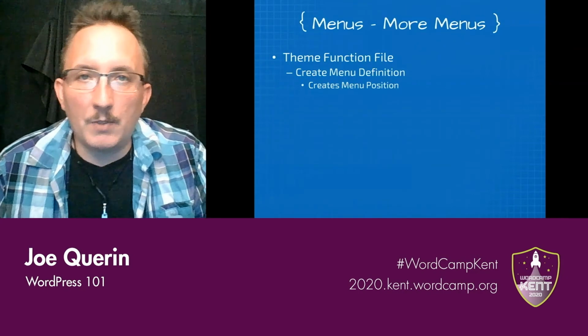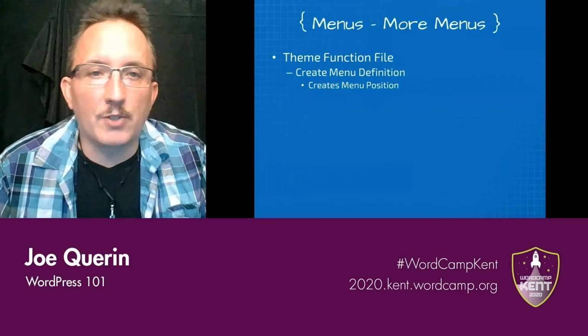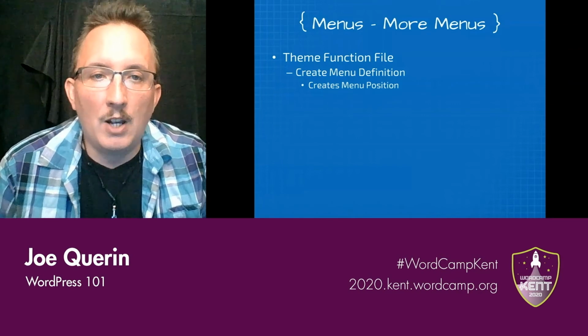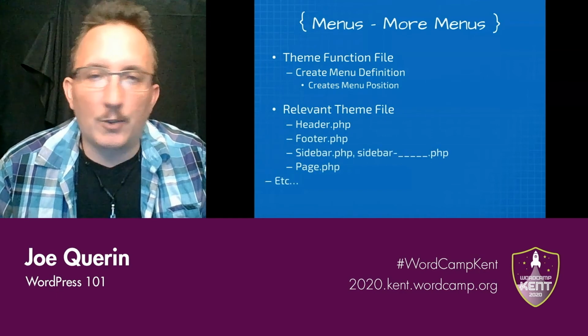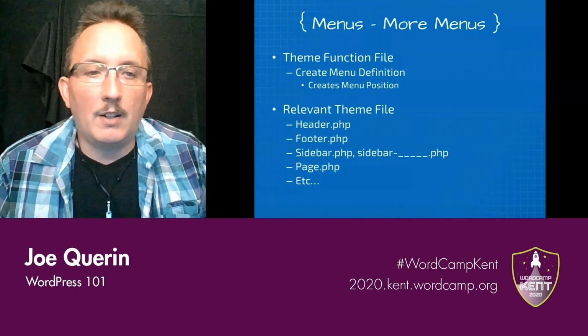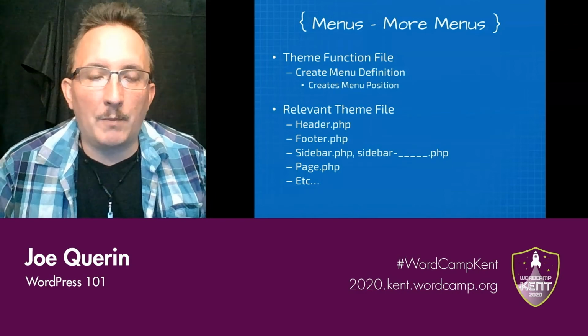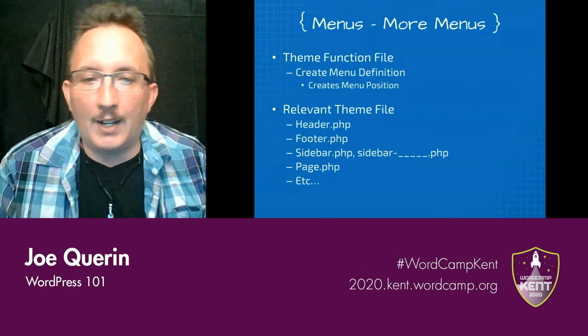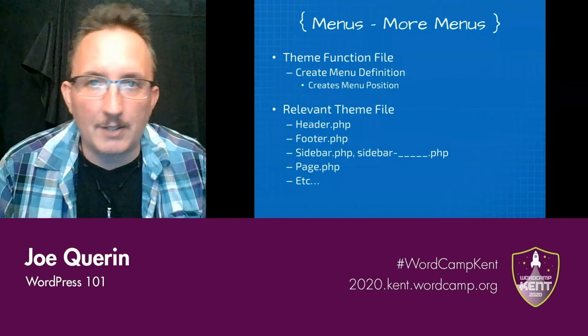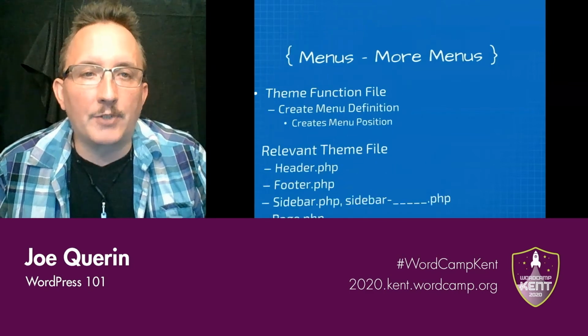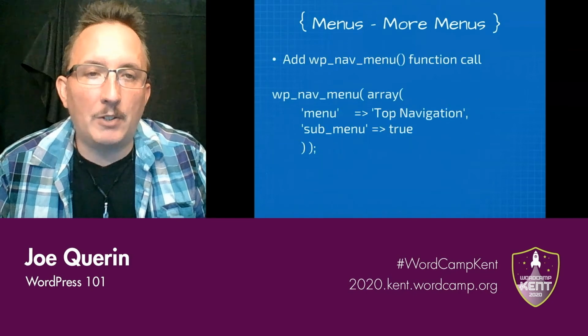On your theme side, you have to go into your theme functions file and create a menu definition, which creates the menu position. Then in your relevant theme file, where you want your menu to appear, either in your header, your footer, in a sidebar, a custom sidebar, or a page, basically wherever in the theme, you need to drop this menu code.